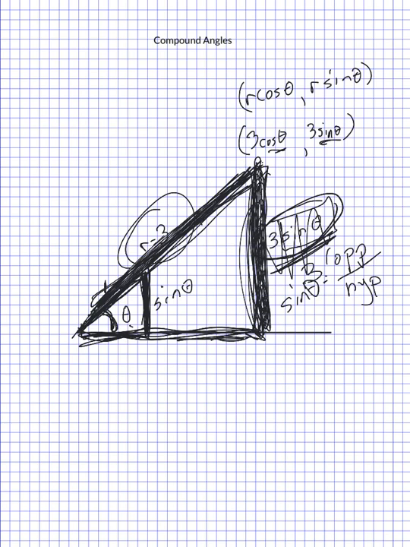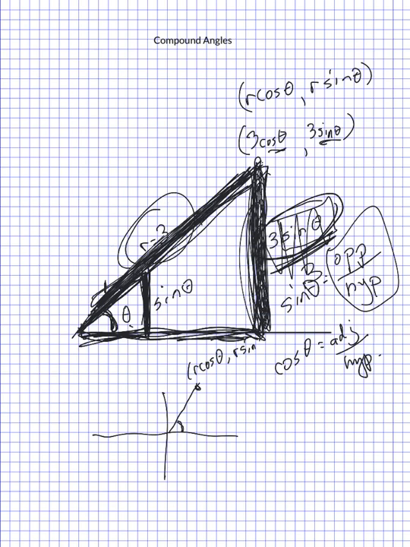Okay, so let's remember that. Sine of theta is opposite over hypotenuse, and cosine of theta is just going to be adjacent over hypotenuse. I know this is something you guys already knew. I just wanted to make you think of it in a different way so that when you're on the Cartesian plane and you have a point and you know this angle, then you just know that that point is always r cos theta, comma, r sine theta.